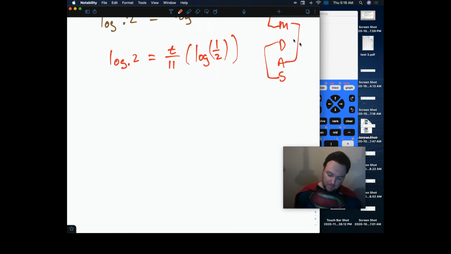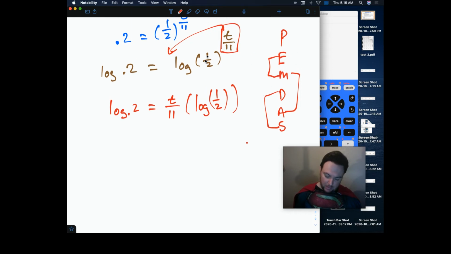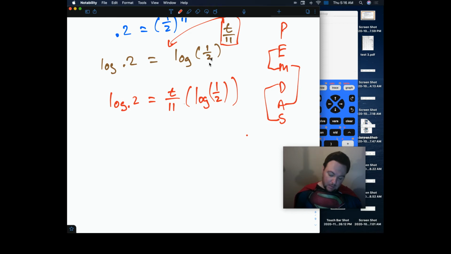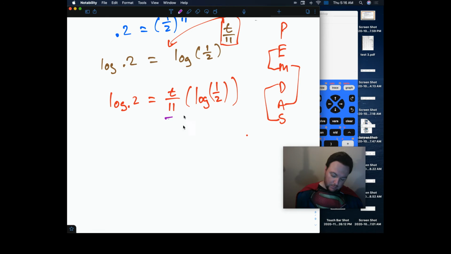We didn't talk about this yet, but for example, when you multiply logs, it's the same thing as addition, and divide, it's the same thing as subtraction. So they're always like one derivation below the other one. So in any case, I put this in front, and then all I need to do now is divide by log 1/2.